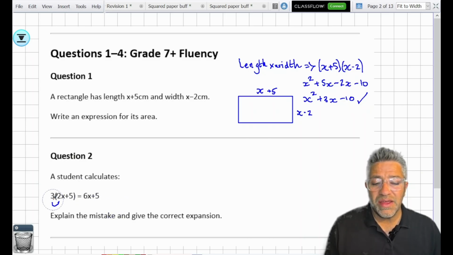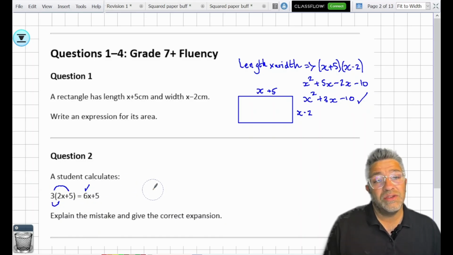Now we can see here 3 times 2x gives us 6x. However, has the student expanded the bracket correctly? In other words, has the student multiplied by the second term inside the bracket? I would say not, because 3 times 5 is 15.